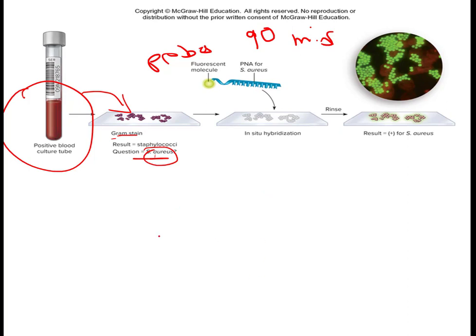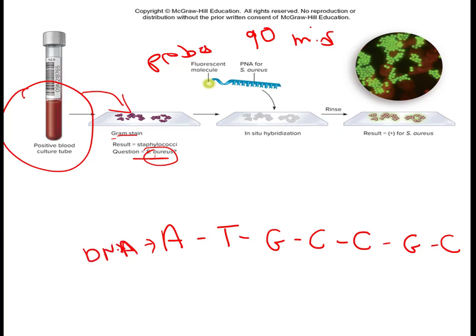So for example, let's say the Staph aureus had a section of DNA with the sequence, I'm just making this up, it's not real. Remember, DNA is made up of A, T, G, and C bases. We'll just pretend that this is part of the DNA sequence in Staph aureus. What you would have is a probe that's made commercially.